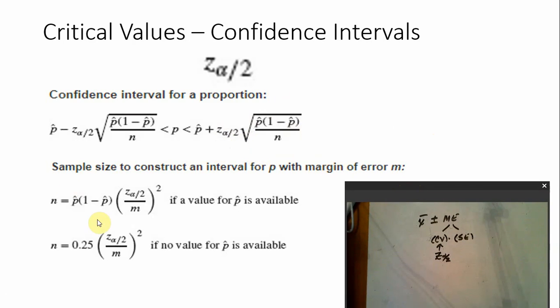If I want to construct a sample size, I still have to use the Z alpha over 2. This shows up here. P hat, if I knew a previous study of P hat, I use it. And if I don't, I assume 0.5, and then 1 minus 0.5 is just 0.5. The 0.5 times 0.5 is going to be 0.25.